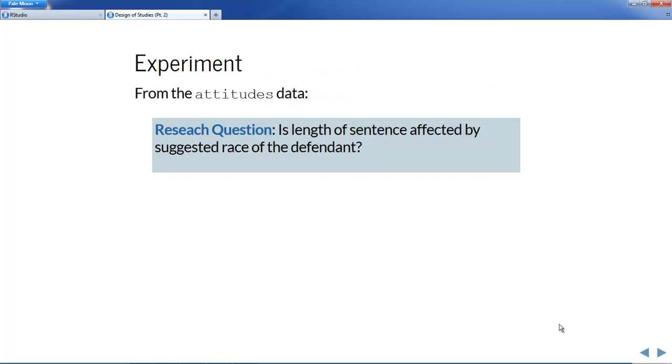But let's turn now to a research question from the attitudes data that was actually studied by means of an experiment. Remember, the research question is length of sentence affected by suggested race of the defendant. That was an experiment because the values of the explanatory variable def race were assigned to the subjects by assigning forms to the subjects where the hypothetical defendant had different names.